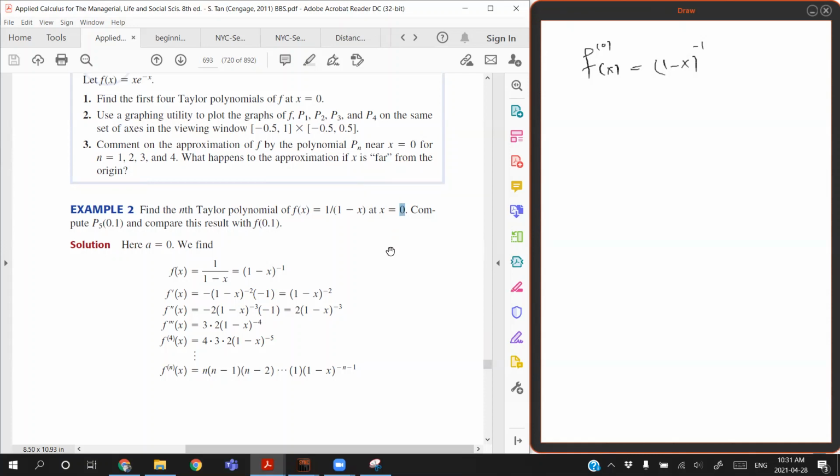So it's going to be like this. Pn of x is going to be f of 0 plus f prime of 0 times x plus f double prime of 0 over 2 factorial times x squared, and all the way to f n of 0 over n factorial times x to the power of n.